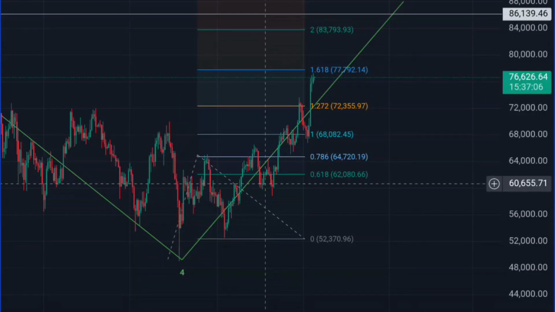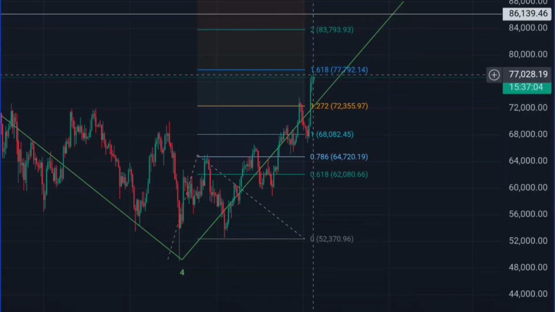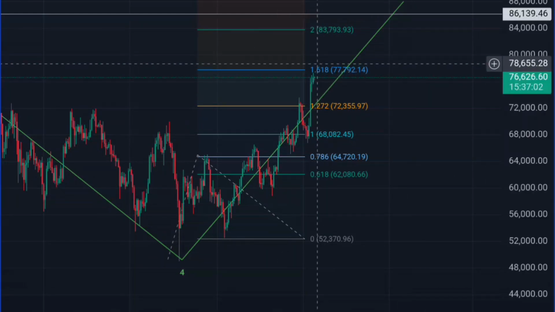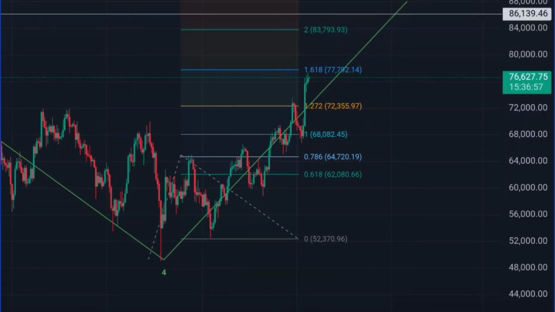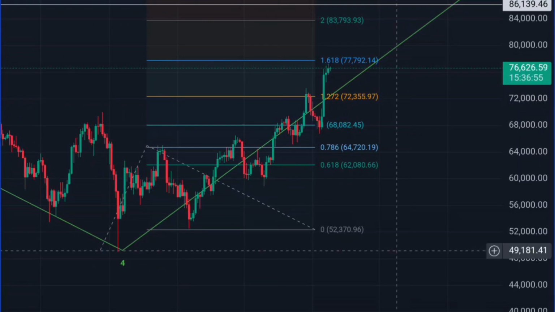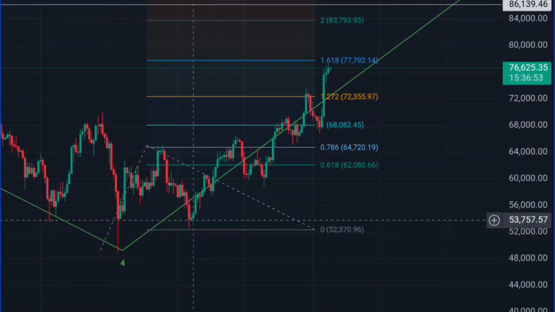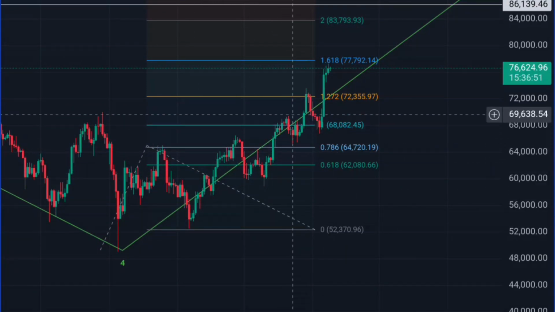So maybe that would call a wave 3. Wave 3 we kind of expected to get to 1618, and wave 5 to get to the 2618. So inside of wave 3, do I have 5 waves here?